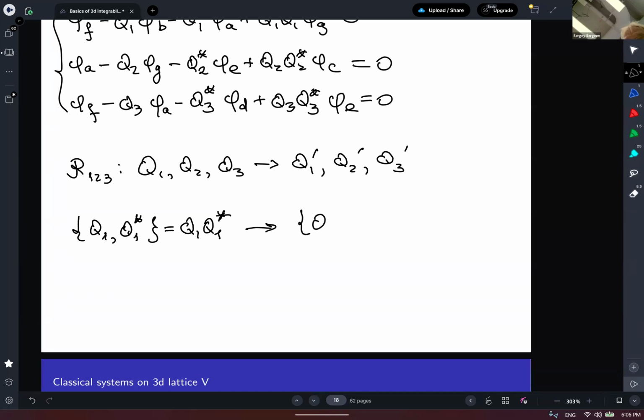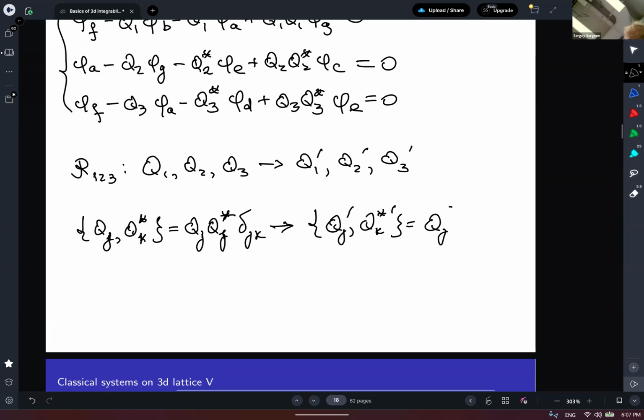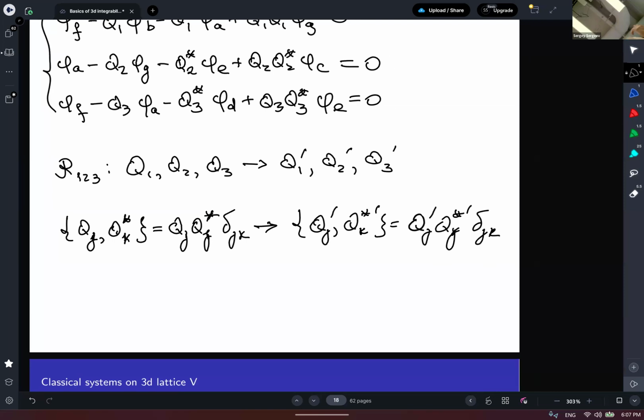It will preserve this bracket: delta JK, QJ prime, QK star prime, QJ prime, QJ star prime, delta JK. So the map again is canonical.